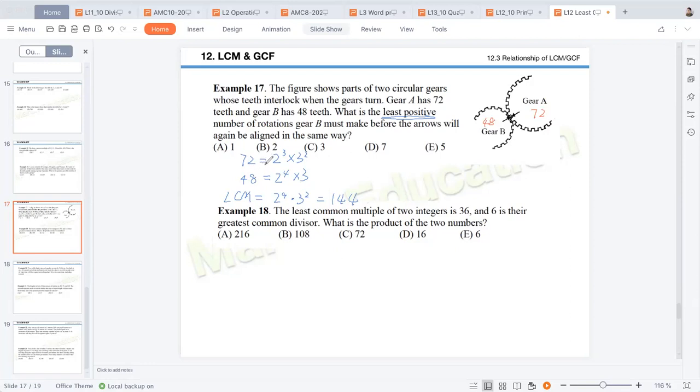For 72, I get 2 cubed times 3 squared. And for 48, I got 2 to the 4th power times 3. So the least common multiple should equal 2 to the 4th power times 3 squared. So the number is 144. Thanks for Siri. Give me the right answer.